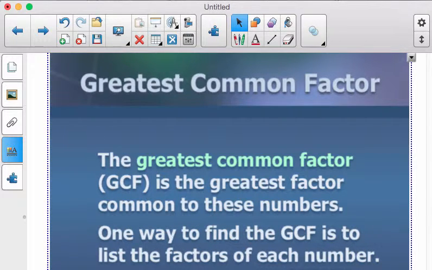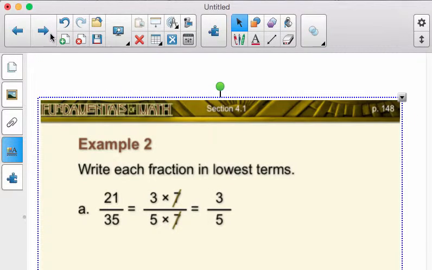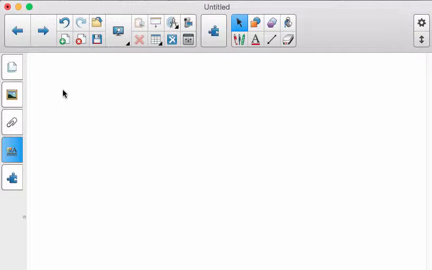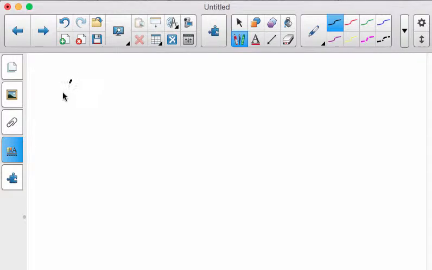Now, one way of finding the greatest common factor is to simply list the factors of each number. This is really simple, and you've done this before. So let's say that I have this fraction, 10/20.